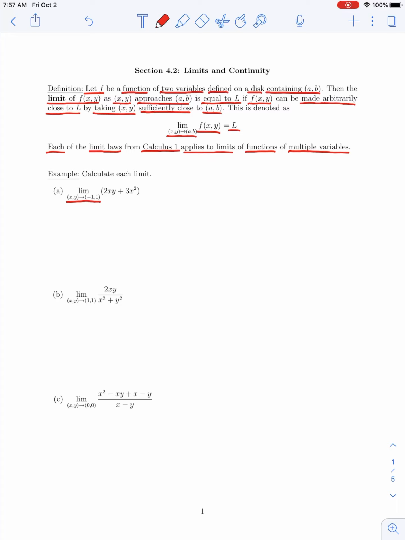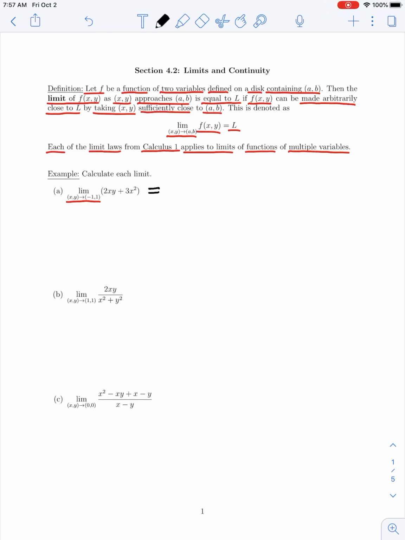So just as we would for polynomial functions of a single variable, well, we know these types of functions are continuous everywhere. So we could evaluate these limits by simply substituting in the given point that (x, y) is approaching.